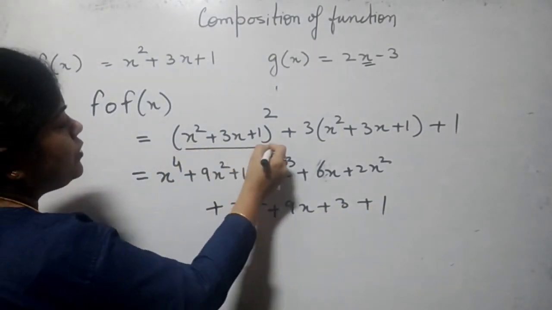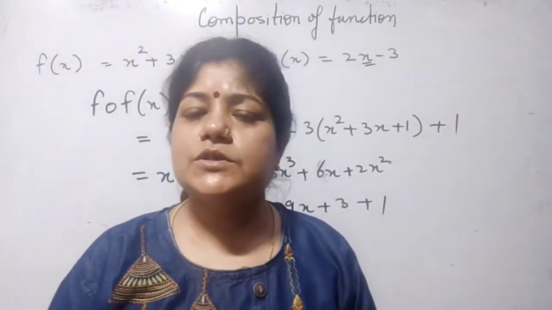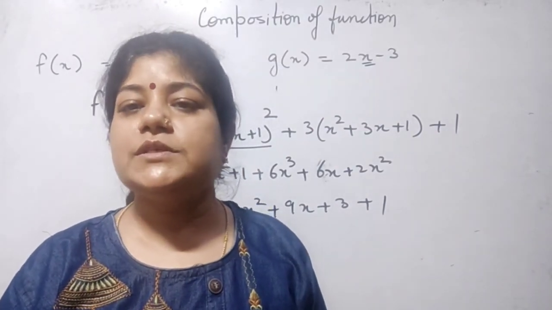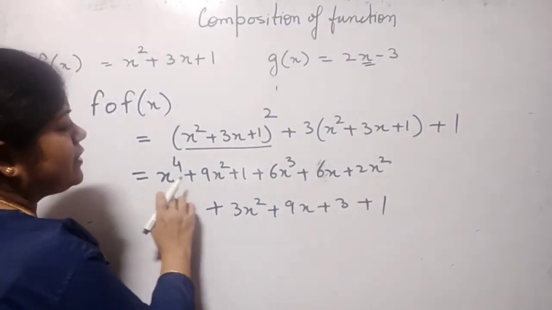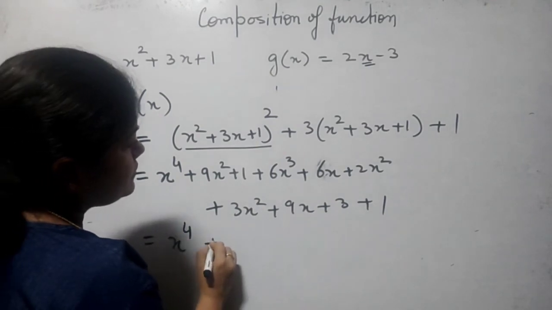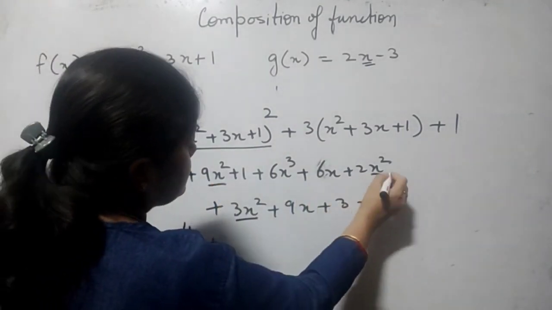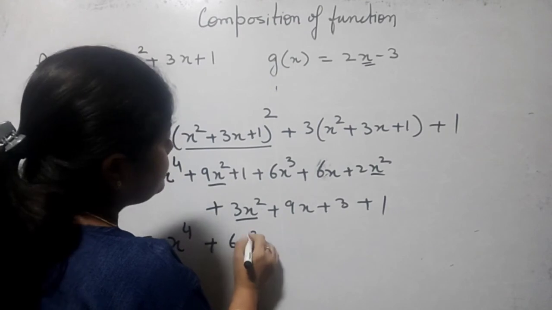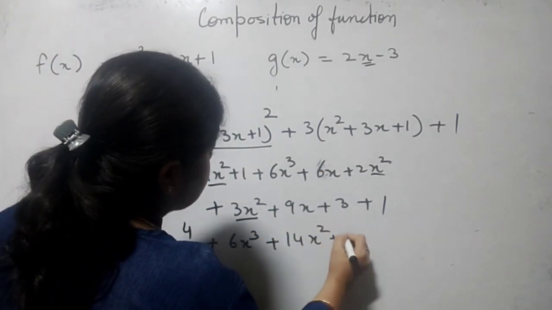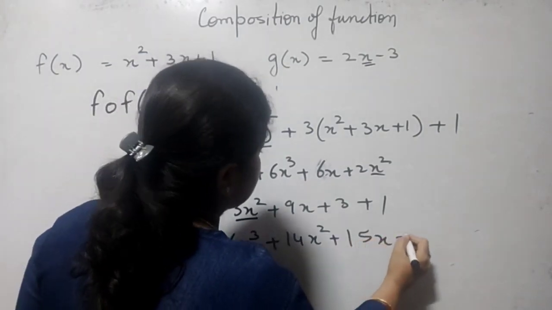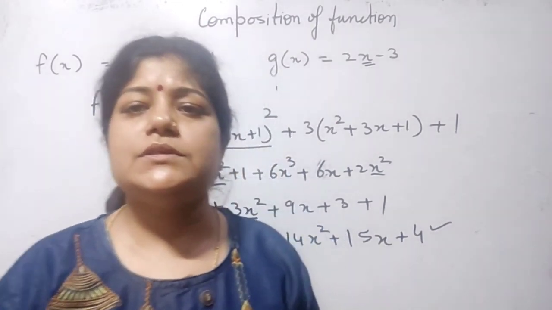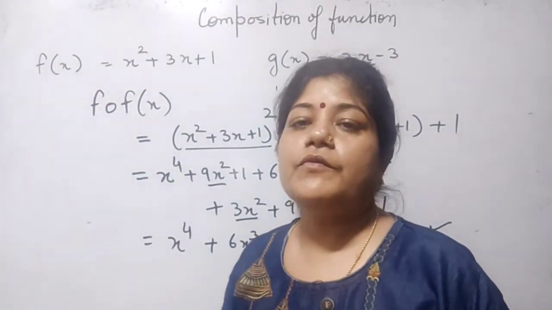We use the formula (a plus b plus c) whole square, that is a square plus b square plus c square plus 2ab plus 2bc plus 2ca, and find out these values. So when you solve, you will get the answer. Okay, this and this. 6x cube, 14x square, 15x plus 4. So in this way you find different types of questions related with the composition of functions.